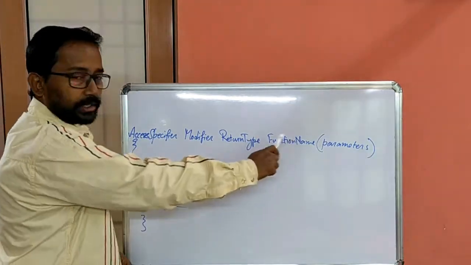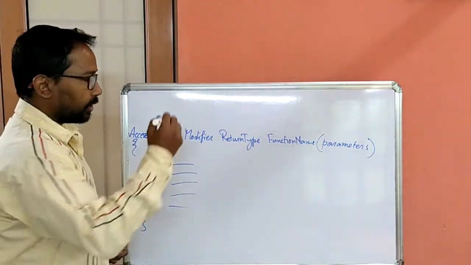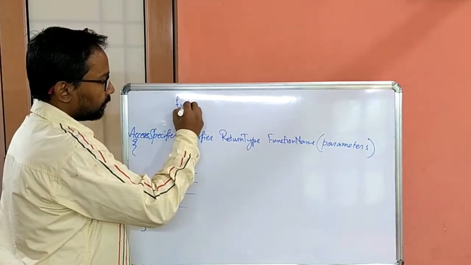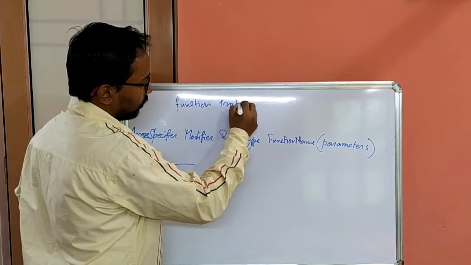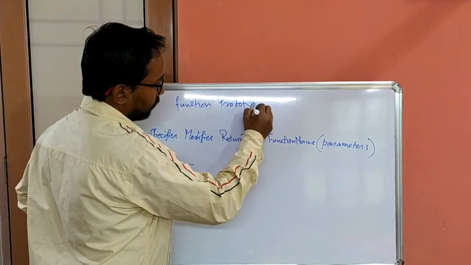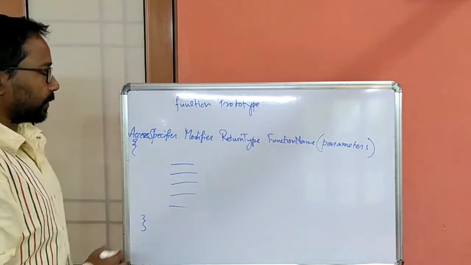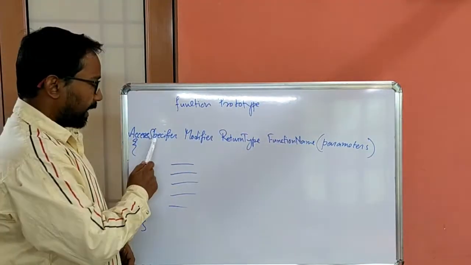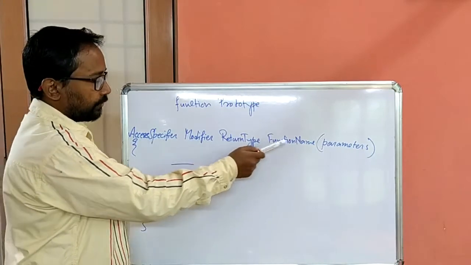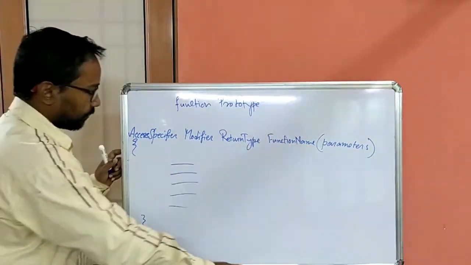So this is the first line of any function definition, which is called the function prototype. This line has 5 elements: access specifier, modifier, return type, function name, and parameters.